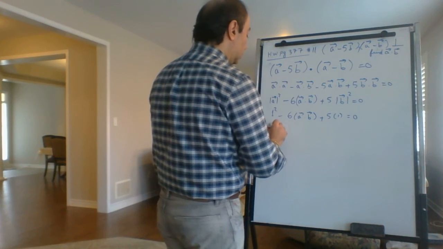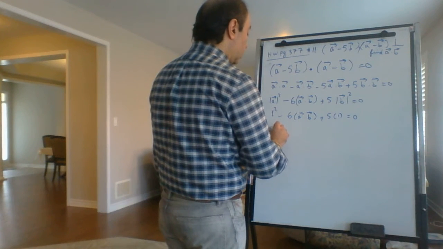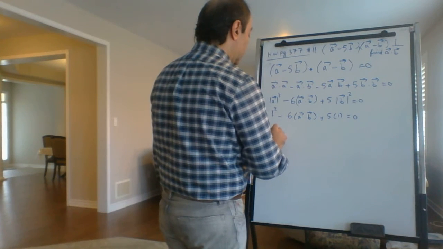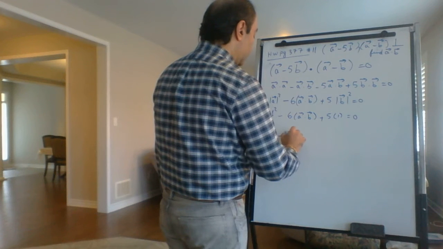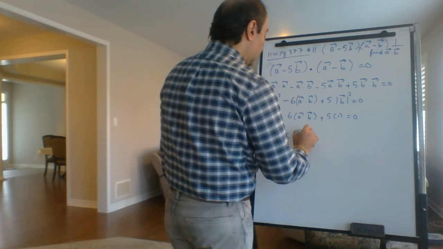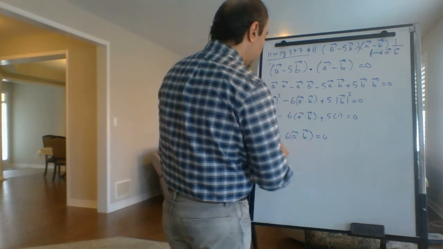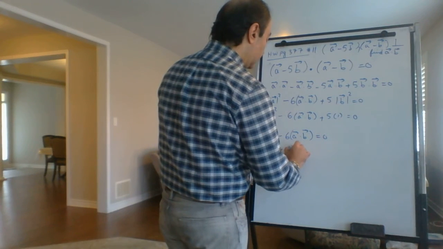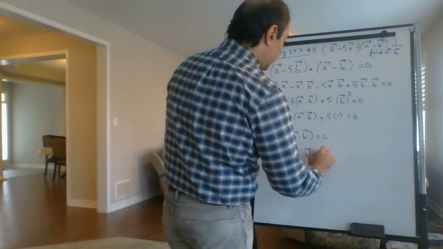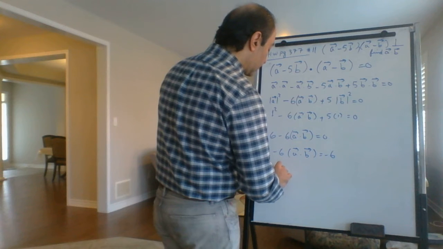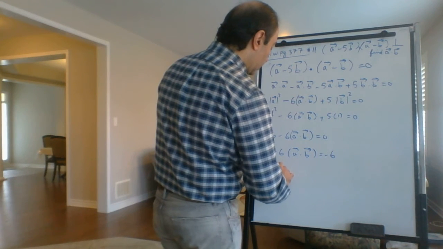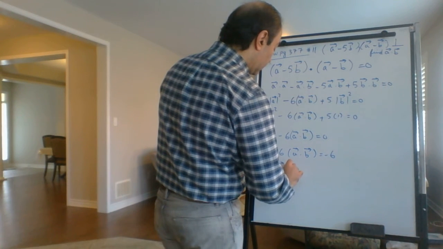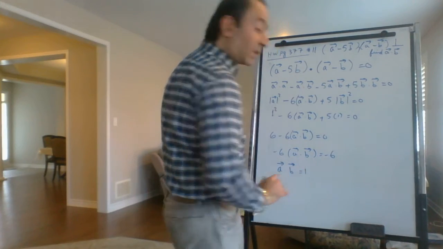So we are going to have 6 minus 6A dot B equals 0. That means negative 6A dot B equals negative 6. We divide both sides by negative 6. So A dot B will equal 1.